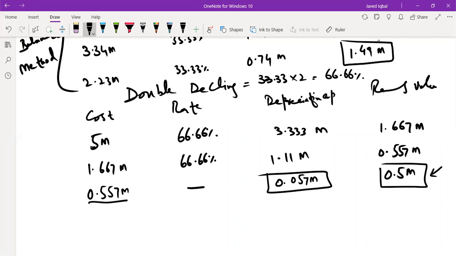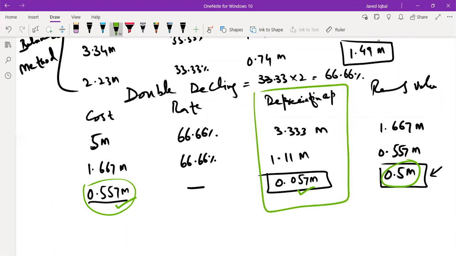So you just need to subtract 0.5 million from this 0.557 million to get a depreciation expense of 0.057 million. So this is how depreciation expense for the double declining method would be calculated.